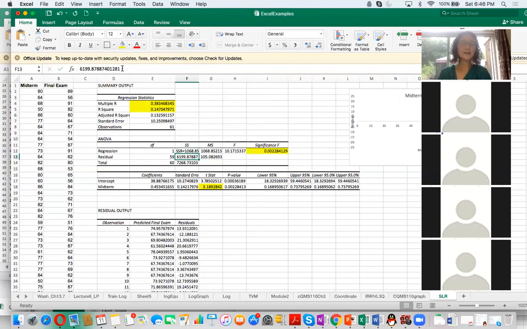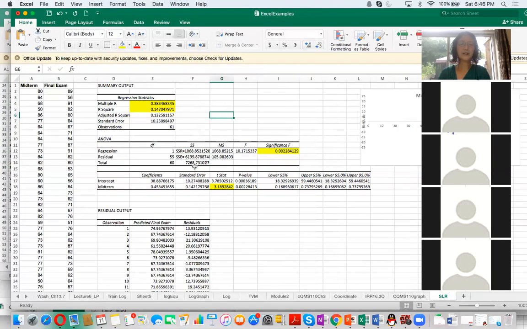The next one is sum of square due to error, SSE. And the last one is sum of square for total. SSR plus SSE equal to SST.